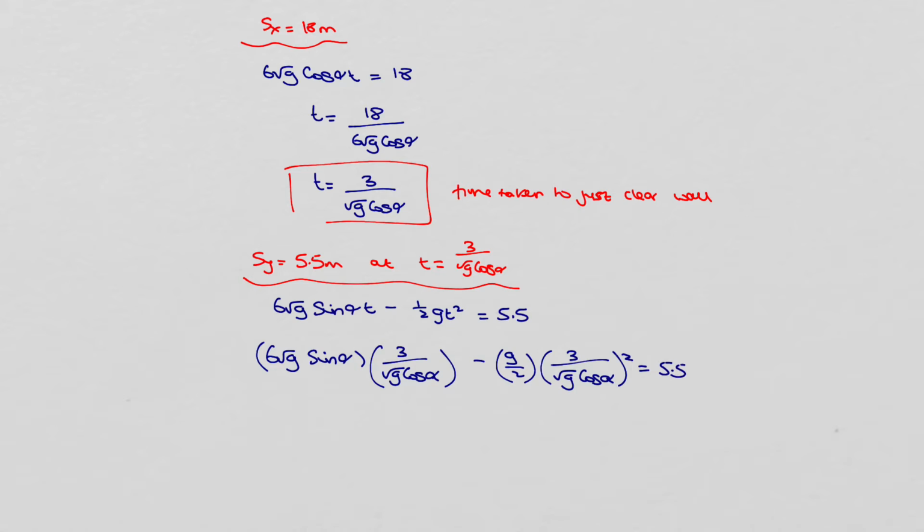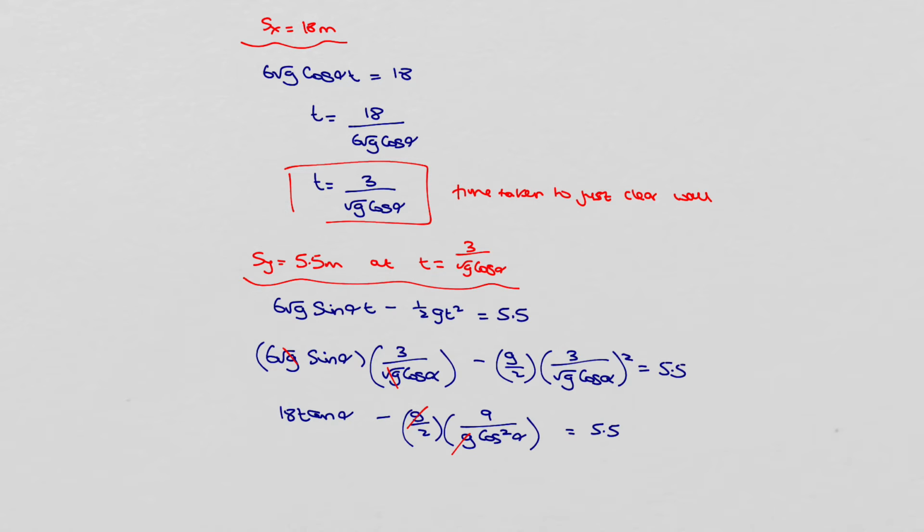Okay, so let's simplify this equation. Root g is going to go into root g, and sin alpha over cos alpha is tan alpha. So we have 18 tan alpha. Then if I square out my brackets, I have 9 over g cos squared alpha, and g goes into g once.